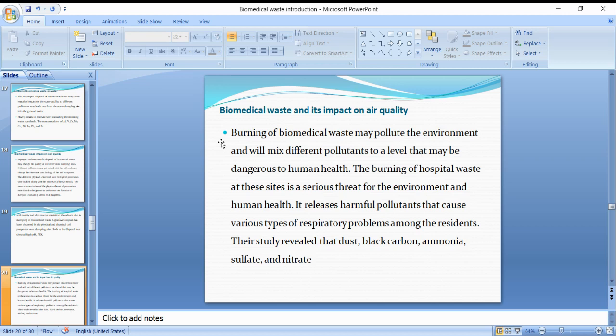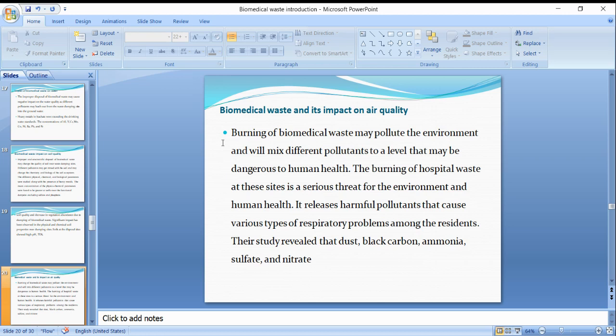That will impact human health. So burning the hospital waste at these sites is a serious threat for the environment and also human health. It releases harmful pollutants that cause various types of respiratory problems among the residents.